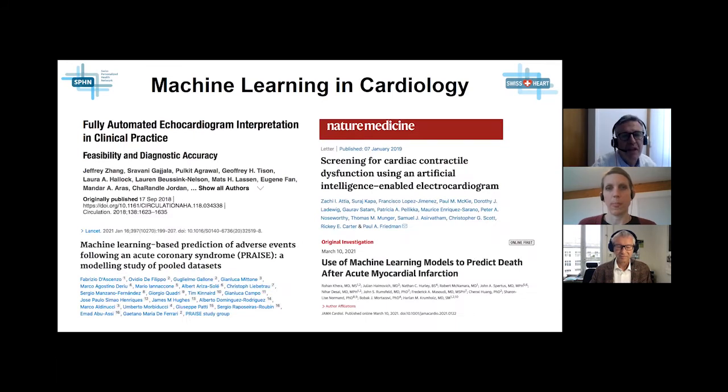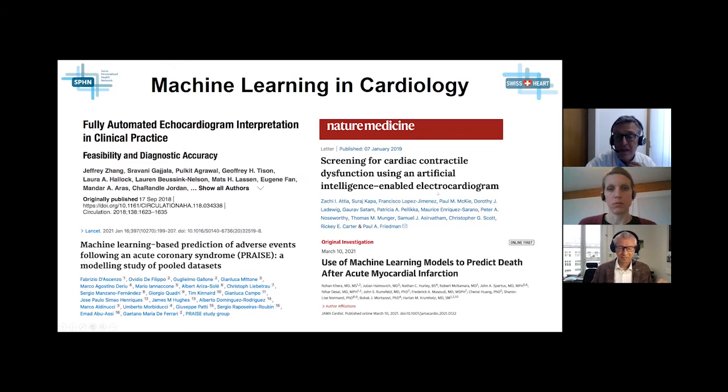Now, machine learning in cardiology has progressed very quickly, and there were major advances as EKGs and echoes are the focus of our analyses and raw data analyses. I can show you here a couple of publications where automated echo analyses can be done.